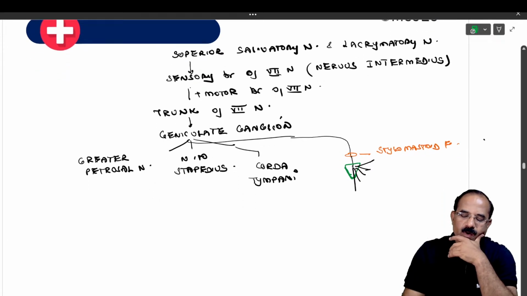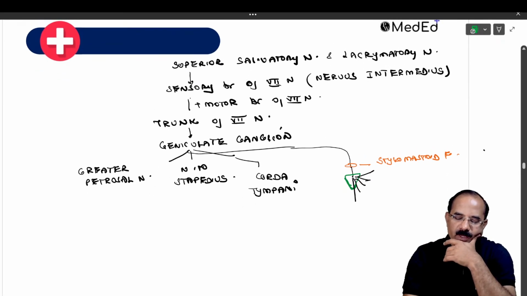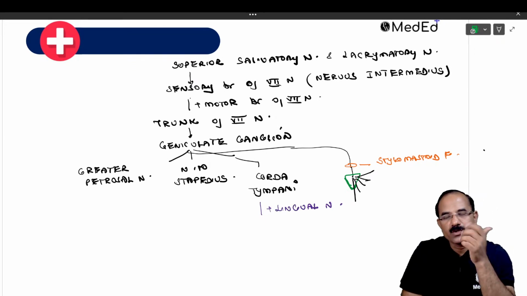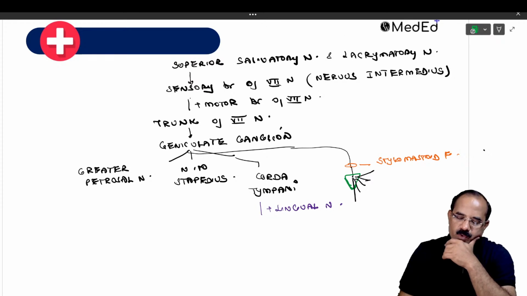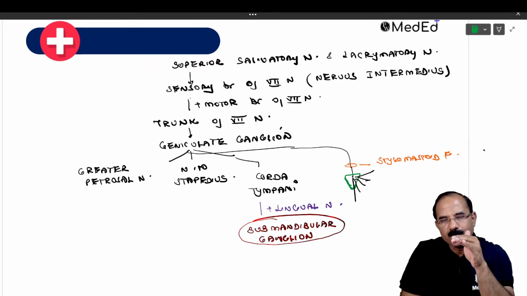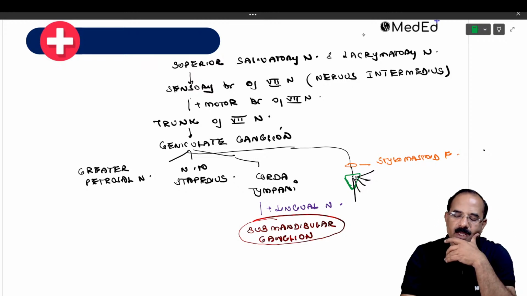ओके. So the chorda tympani, अब देखो, chorda tympani will go and join with lingual nerve. Chorda tympani joins with the lingual nerve. Now comes to the submandibular ganglion.